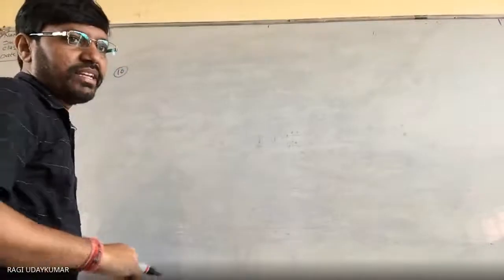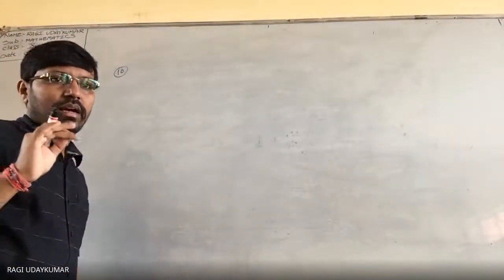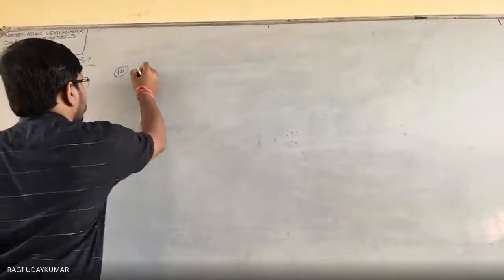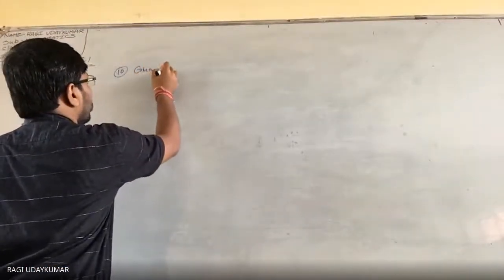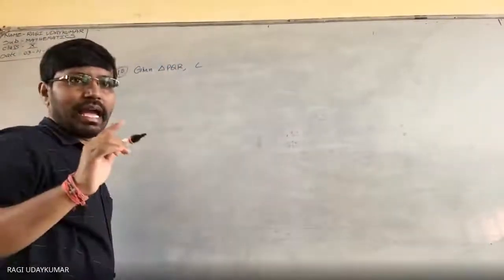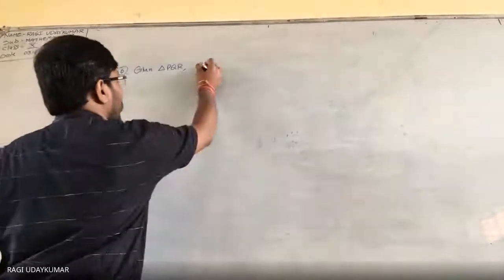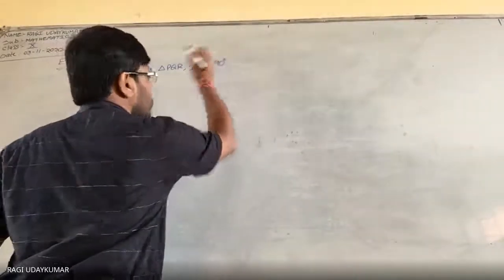The question is given: triangle PQR, right angle at Q. Angle Q is equal to 90 degrees, which is given.